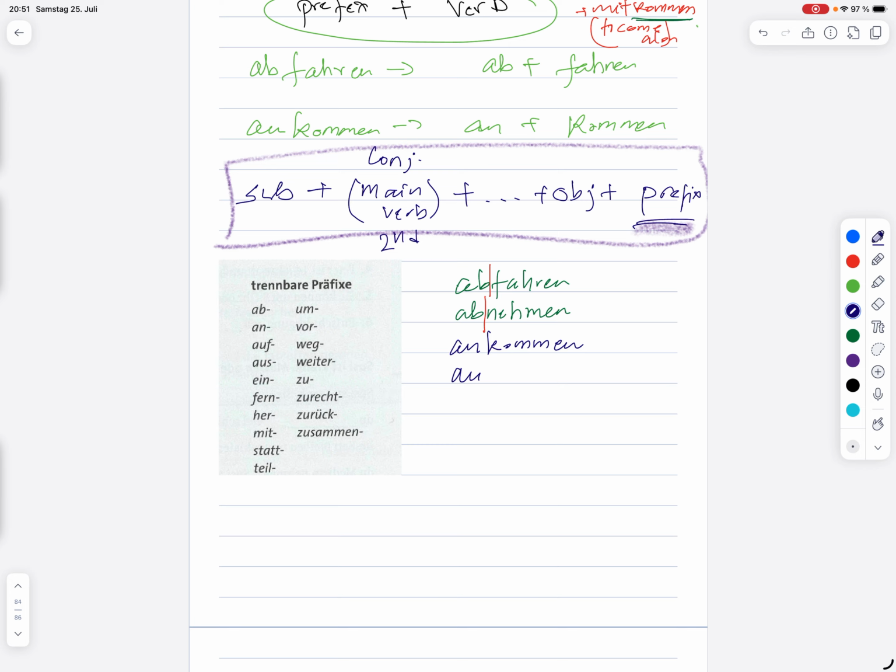Then you have auf, auffüllen, to fill something. So these are the identifiers for Trennbare verbs with these prefixes, and if the verbs start with these prefixes, then you have to follow the rules of Trennbare verbs. So you conjugate the main verb and put the prefix at the end of the sentence, right? So most of the verbs with these identifiers, you can know that this is a Trennbare verb.